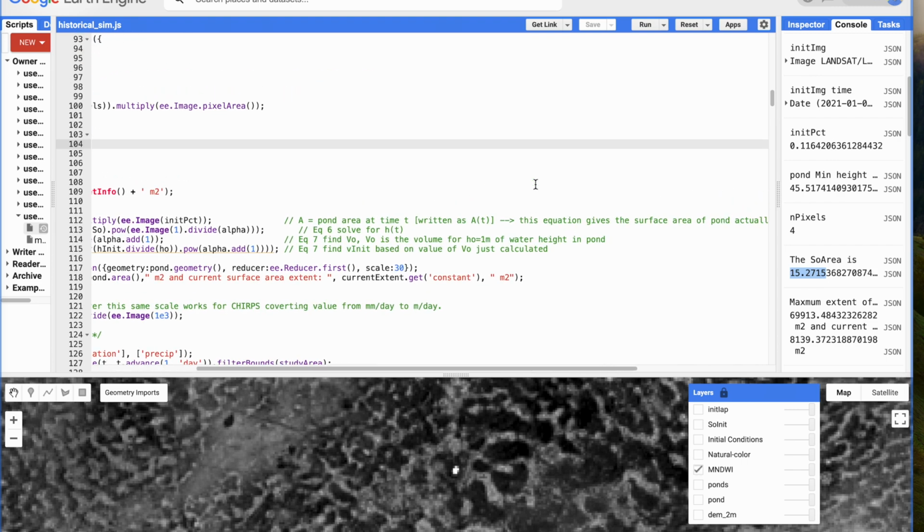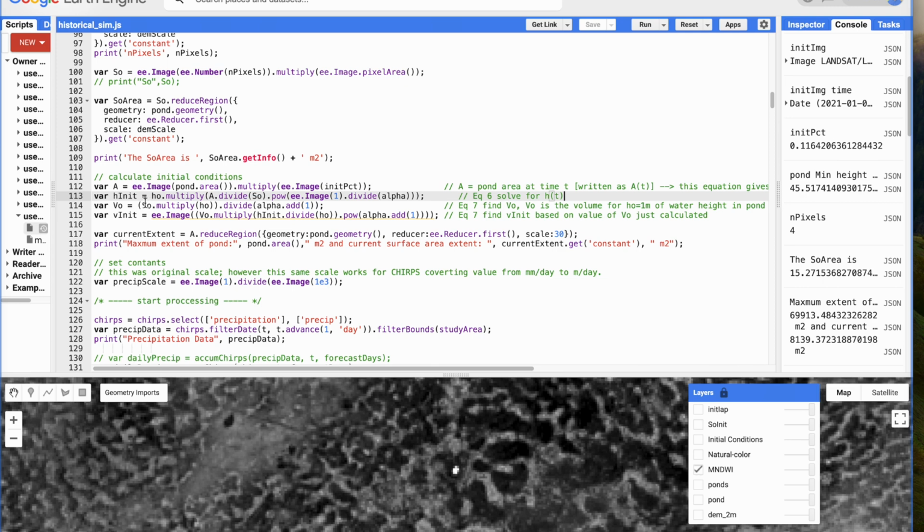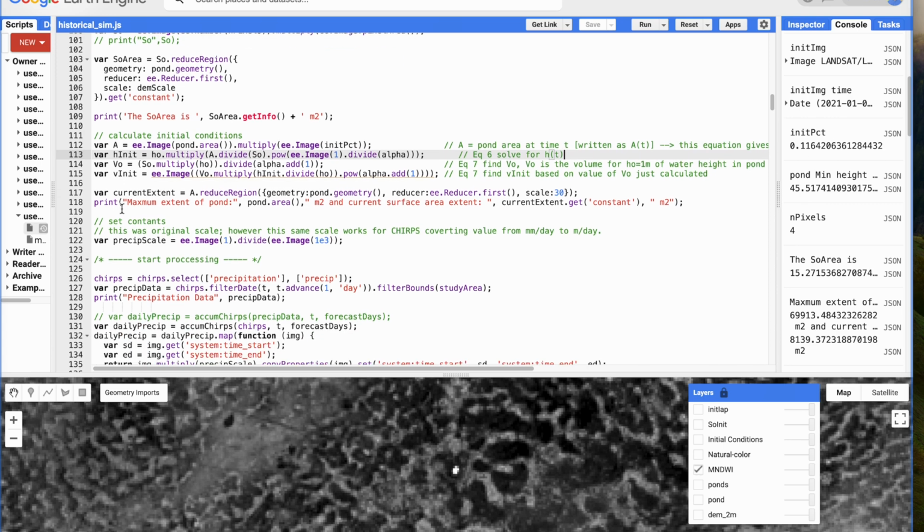And then on line 113 is equation 6 from the paper, where it's solving for the H_t based on the initial condition. It's getting the height of that pond, and then on the next line of code, it's multiplying that area with the height to get the initial volume estimate.